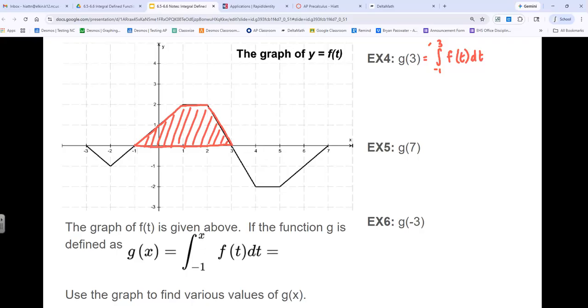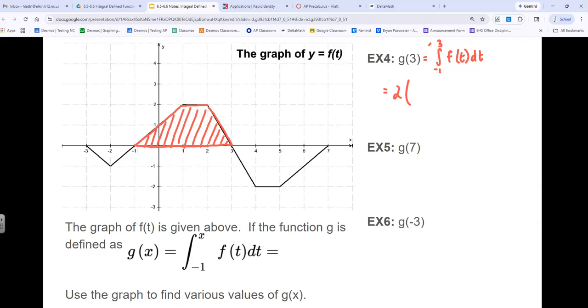What shape have we got there? Trapezoid. So we're going to have height times average of the bases. Now, this trapezoid's normal. It's not sideways like our trapezoidal rule. What's the height of that trapezoid? It's 2.